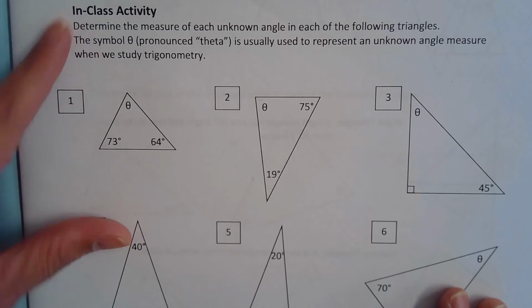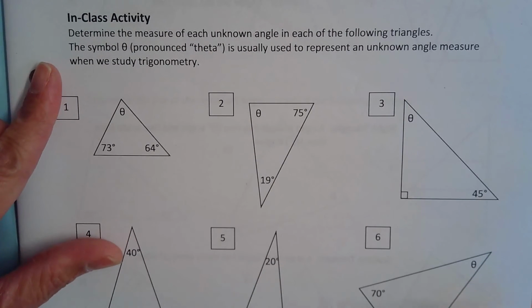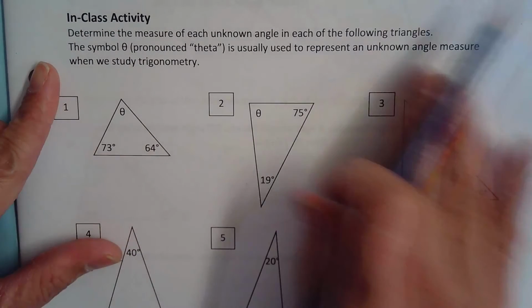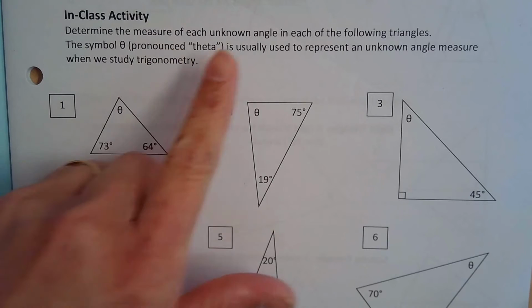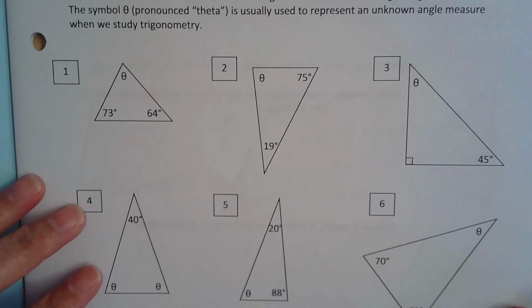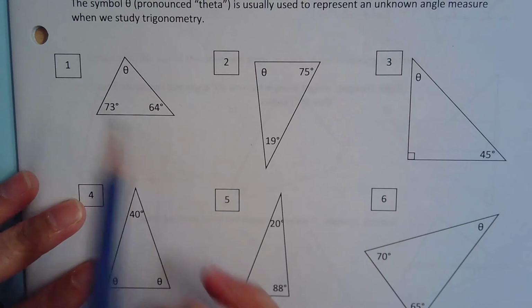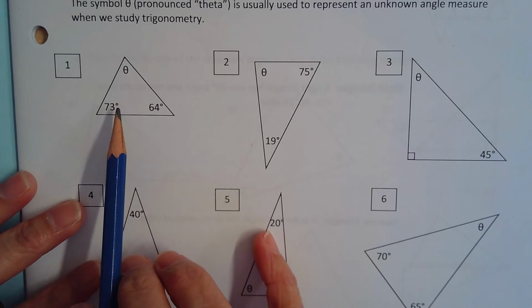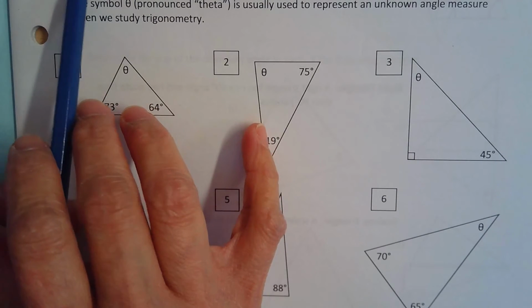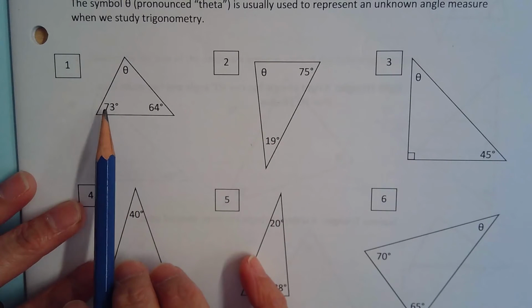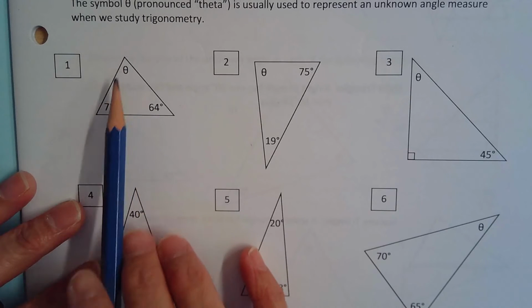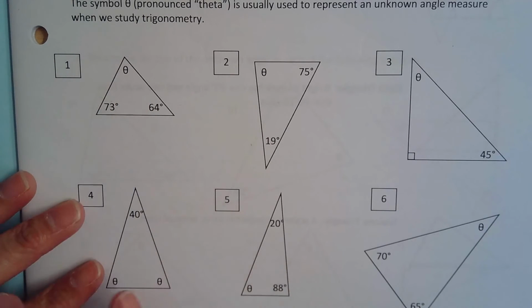Okay. So in this activity, we're going to do this right away. Determine the measure of the unknown angle. What they're saying is, we know the 180 rule. We know that if we add up all of the angles in a triangle, it always adds up to 180.